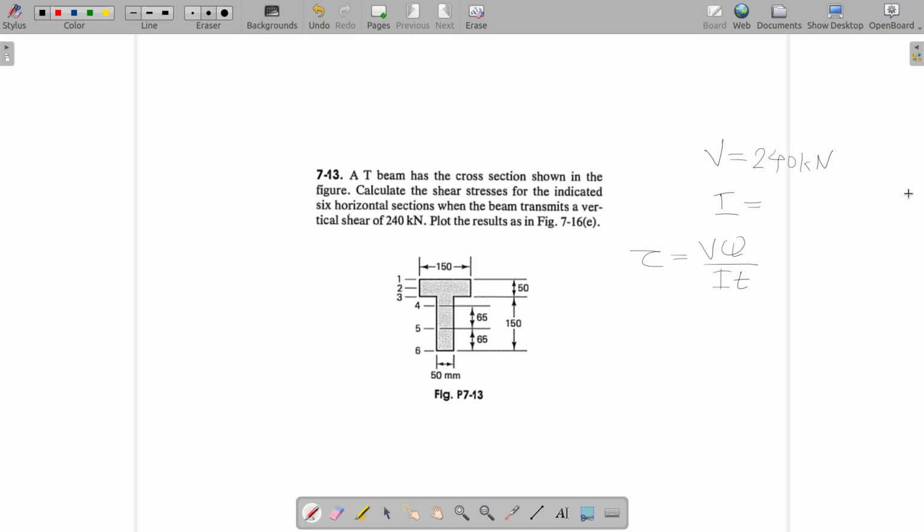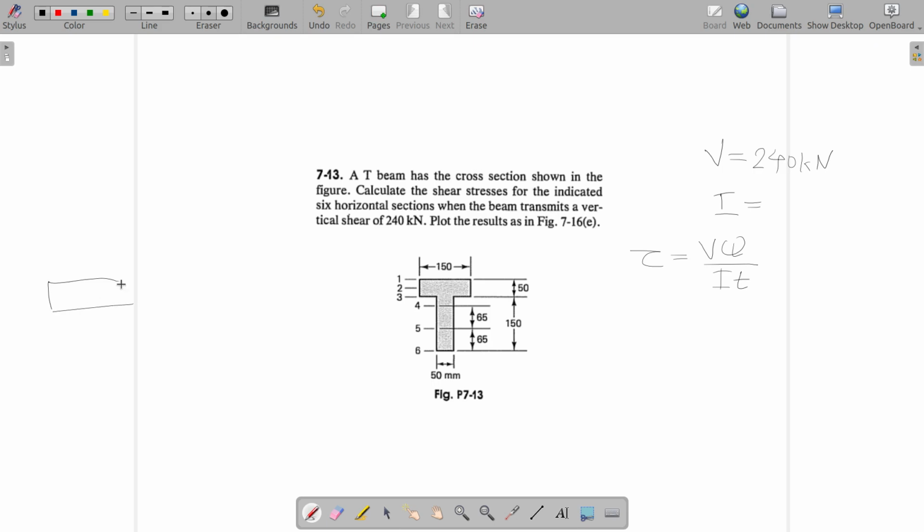So here what will be I? Area moment of inertia about the centroid. So how do you calculate the centroid here?